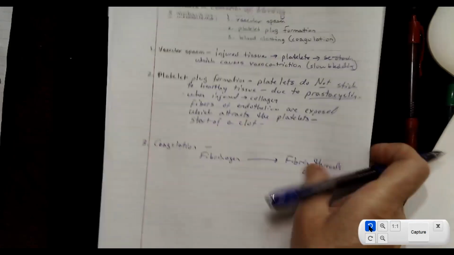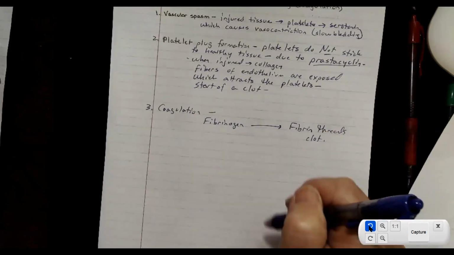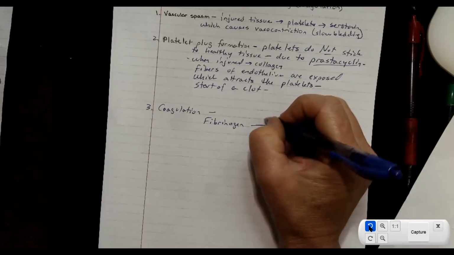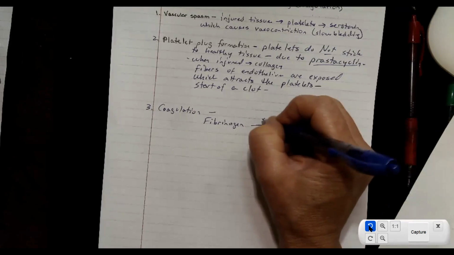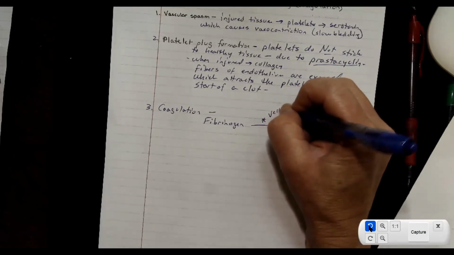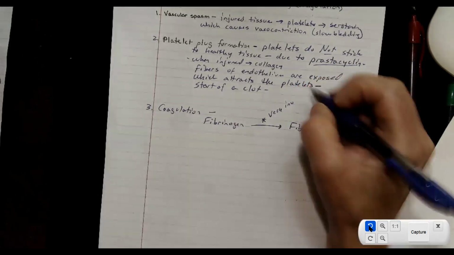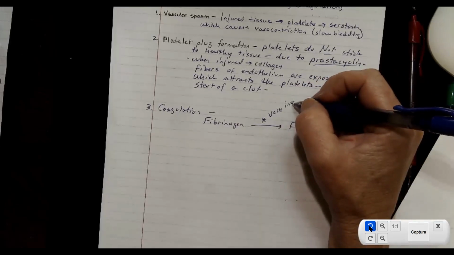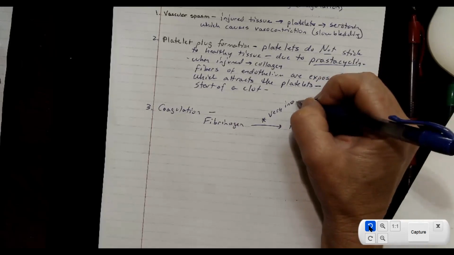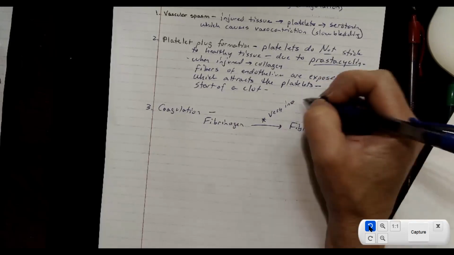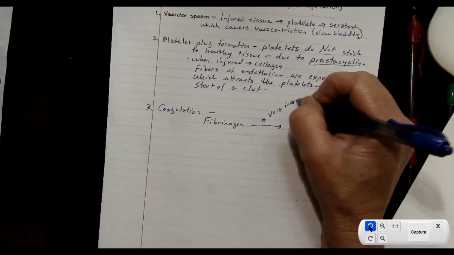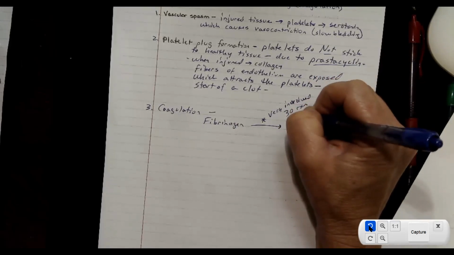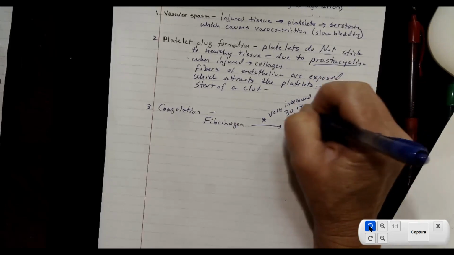Normally I would go into a cascade of pathways for this. This right here is very involved to go from here to here, from fibrinogen to fibrin. And I'm not going to go into detail here. It's like 30 reactions, and it's a huge cascade, but you do not need to know that.